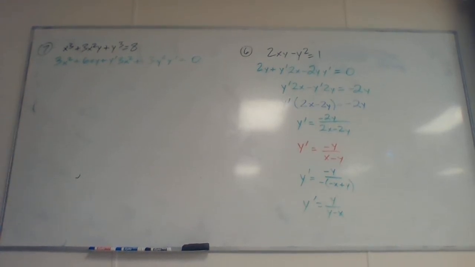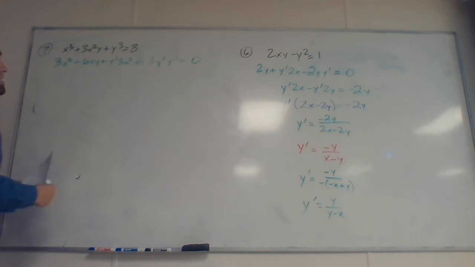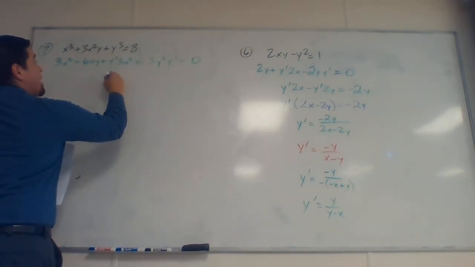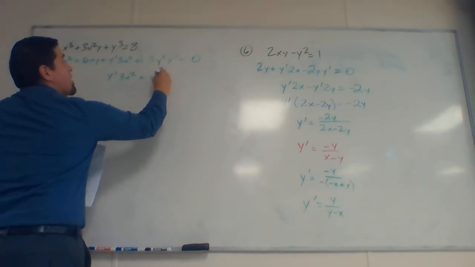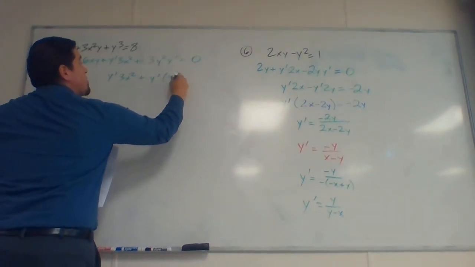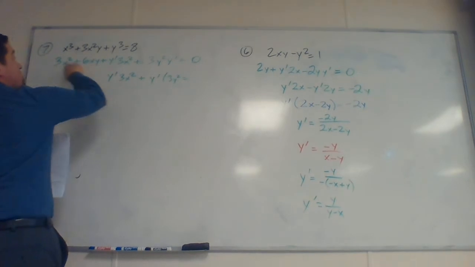Follow the same procedure. Leave all the y primes on this side, and take everything else to the other side. So y prime times 3x squared plus y prime times 3y squared, and I'll move that over.